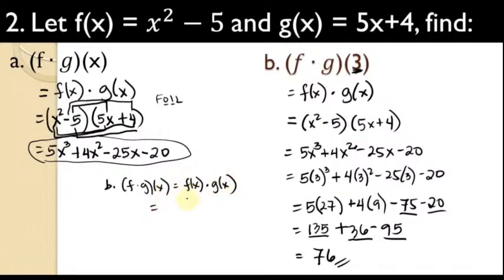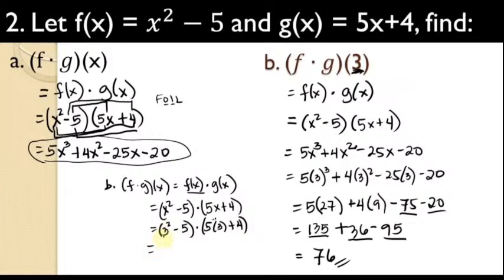So we have, anong value ng f of x natin is x squared minus 5 times g of x is 5x plus 4. Then substitute natin yung 3. Ito, dito pa lang i-substitute na natin. So we have 3 raised to 2 minus 5 times 5 times 3 plus 4. Tingnan natin kung the same pa rin yung result.